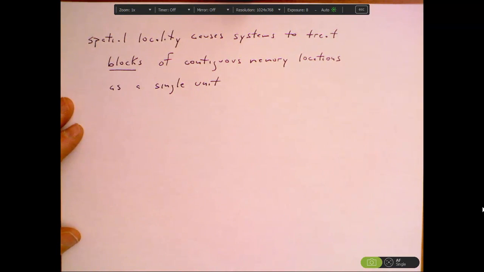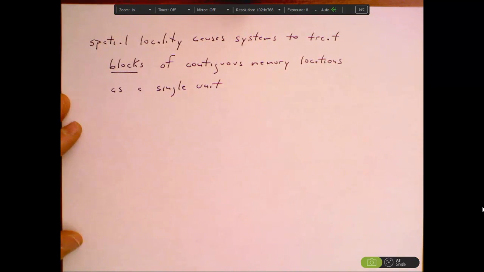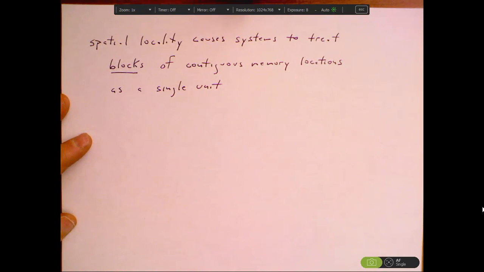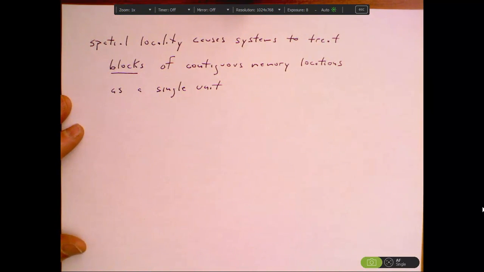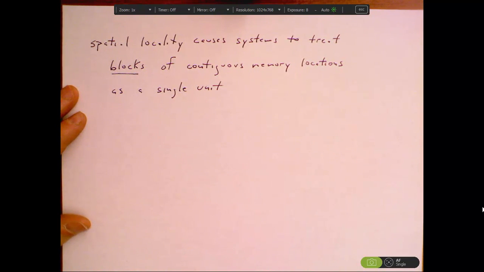When I go to fetch something out of a lower performance memory, if I'm bothering to fetch one piece, I'll probably go ahead and grab a whole chunk of adjacent elements. So reading an array, I won't just read the first item, but I may read the first 4 or the first 8 or the first 16. If I'm bothering to go down and pay the cost of a slow memory access, I might as well amortize that over as much data as I can. So I'll go and grab a block.